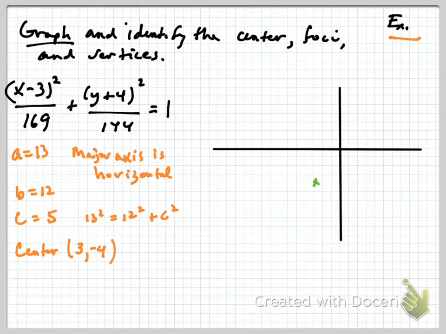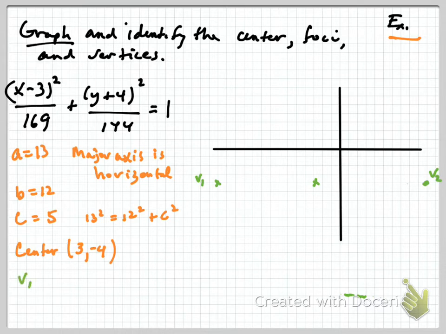So if the major axis is horizontal, I've got to go 13 units in either direction. So 13 units to the right, there's 3, 4, 5, 6, 7, 8, 9, 10, 11, 12, 13. Go the other way, 13. All right, those are vertices that we're going to identify.